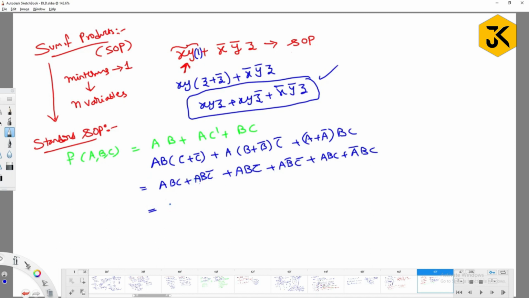ABC bar plus ABC bar is ABC bar only. ABC plus ABC is ABC only. A bar BC repeats as well. Now, is it a standard sum of the products or not? I can call it SOP. This is a sum of the products.